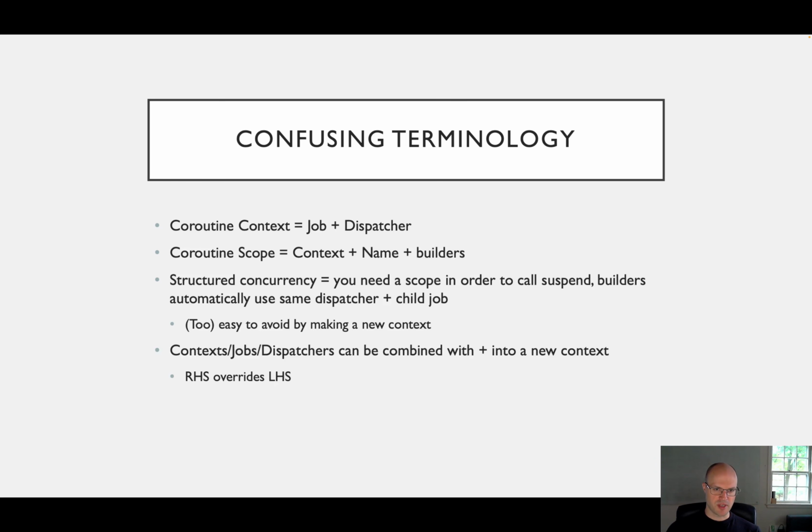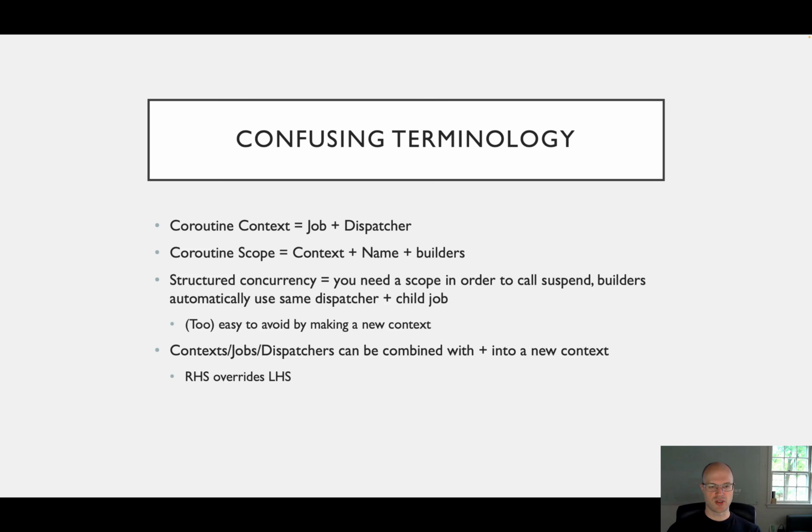The last confusing bit is that contexts, and also the pieces of context, so jobs and dispatchers, all of these things can kind of interchangeably be combined using the plus symbol in Kotlin. So if you have any of these things, you can just say one plus the other, and what that's going to do is, if there's overlap between them, it will override the left-hand side with the right-hand side to form a new context.